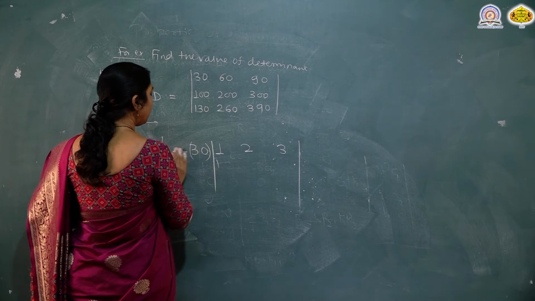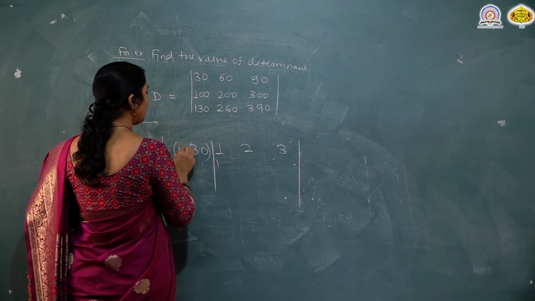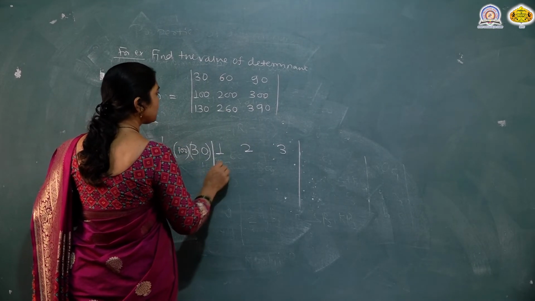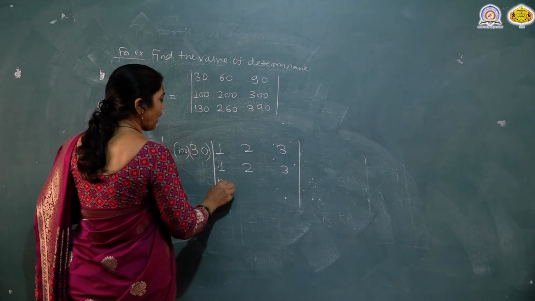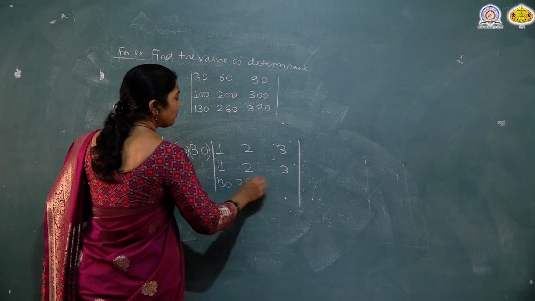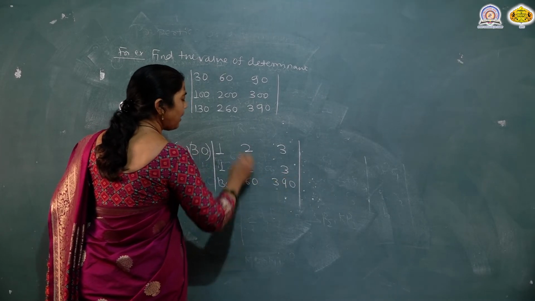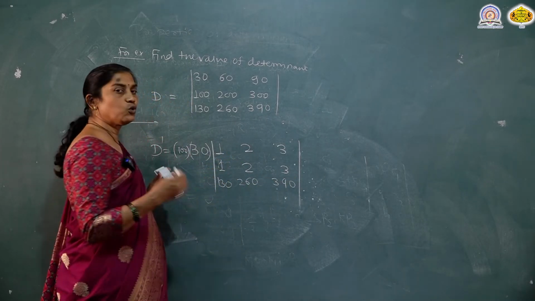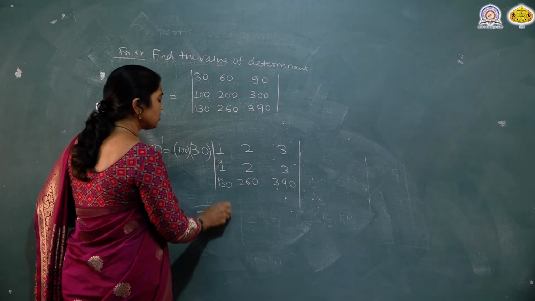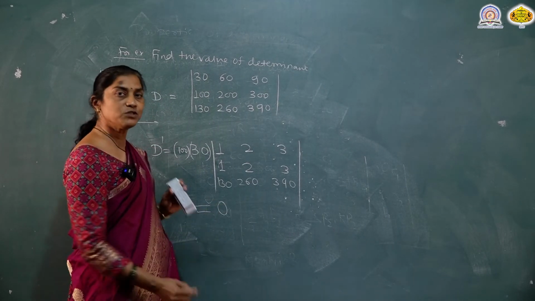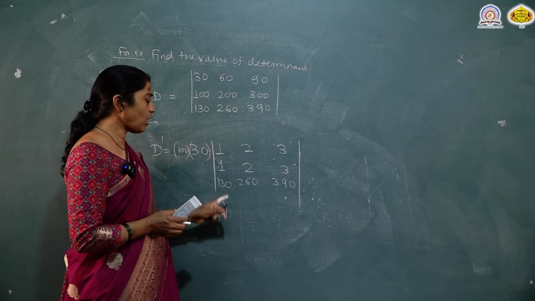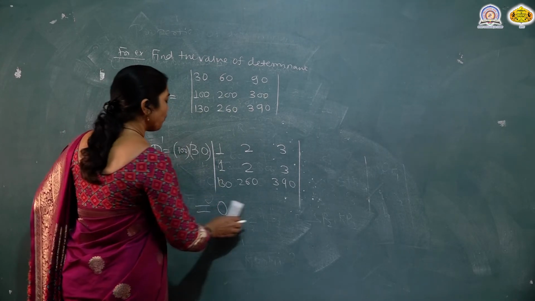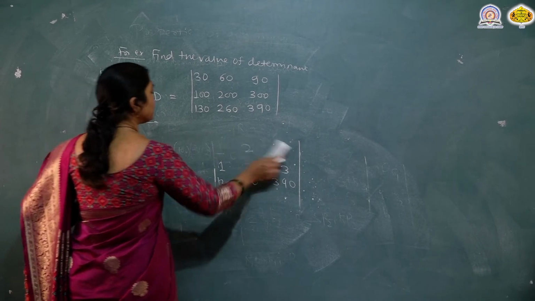Similarly, take 100 common from the second row and we will again get 1, 2, 3. Observe that the first two rows are identical, and we know that if two rows are identical, the value of the determinant becomes 0. So, you can use any property and show that the value of the determinant comes to be 0.